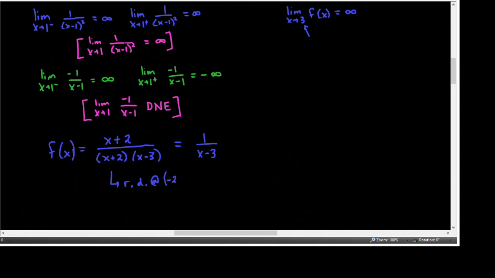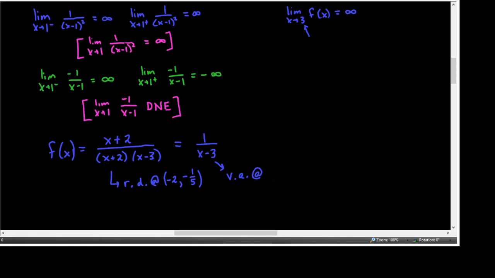And since the removable discontinuity is a point that's been removed, we can find its y-coordinate by substituting negative 2 into the reduced form of this, which would lead us to negative 1/5. This is close to what I made up last time, but not the same. I think it was x minus 2, x minus 2. Anyway, doesn't really matter. And anything still in the denominator that makes the denominator turn into 0 will be a vertical asymptote.